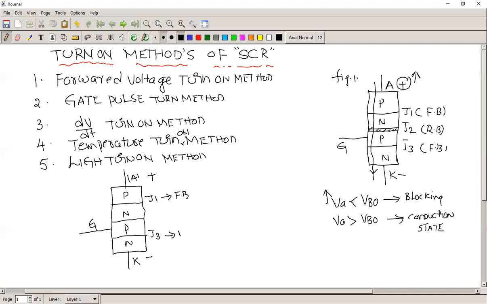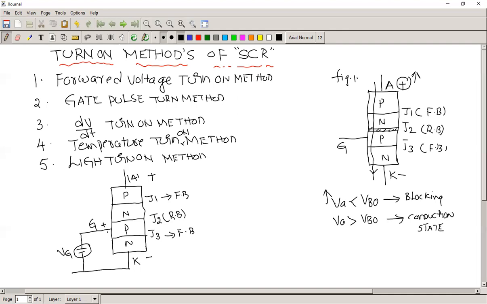Junction J2 becomes reverse biased. Now, we apply the positive voltage between the gate and the cathode. This is the gate voltage that we are representing as Vg. Always the gate is positive with respect to the cathode.